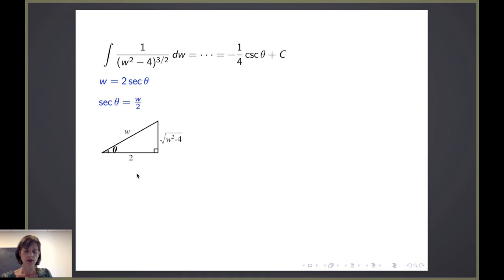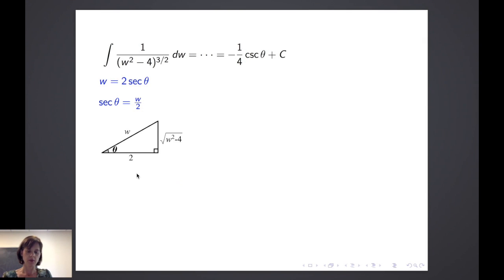I need cosecant of theta, and cosecant of theta is the hypotenuse over the opposite. So it's the length of the hypotenuse over the length of the opposite side. I make that replacement, and I get that my integral is negative 1/4 w over the square root of w squared minus 4 plus c.